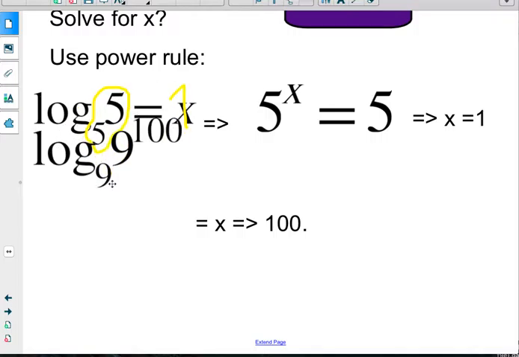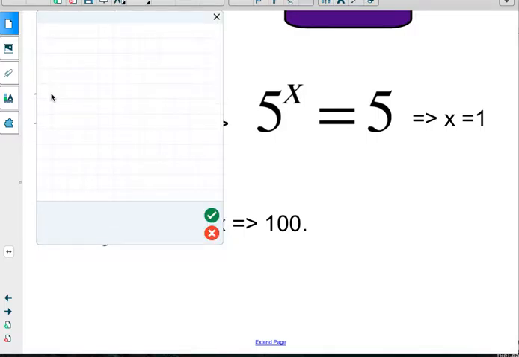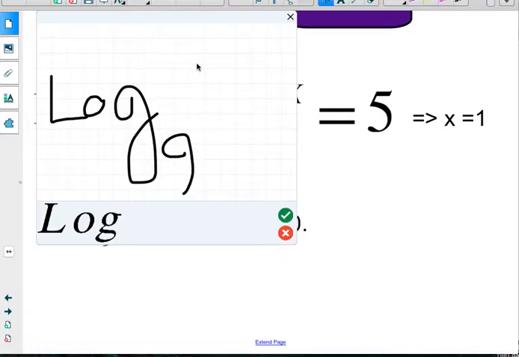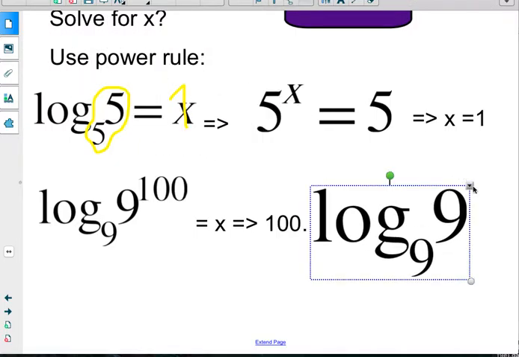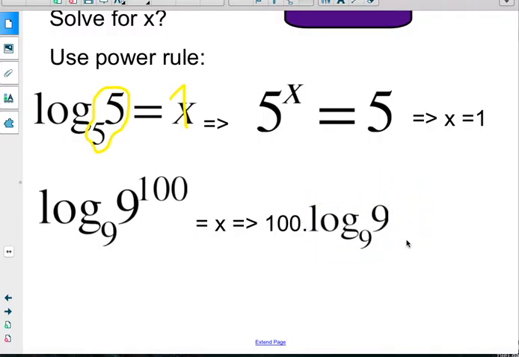Now the exponent becomes a coefficient, so 100 times log base 9 of 9.